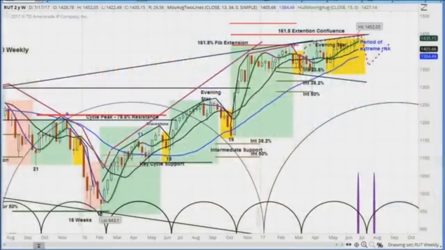So I want to get that chart up for you, and I'm going to switch this over to look at three different charts. We're going to start out by looking at the Russell RUT, and this of course has all my cycle analysis on it and all the phasing on it and everything, but I still want you to see what's going on in here.